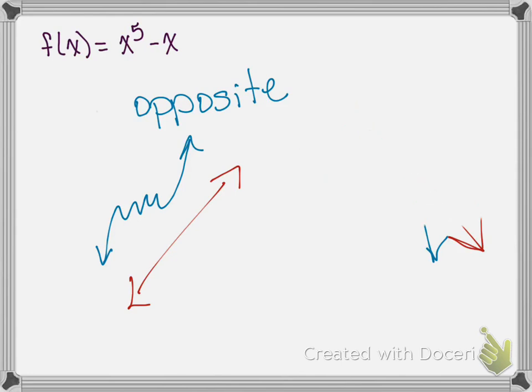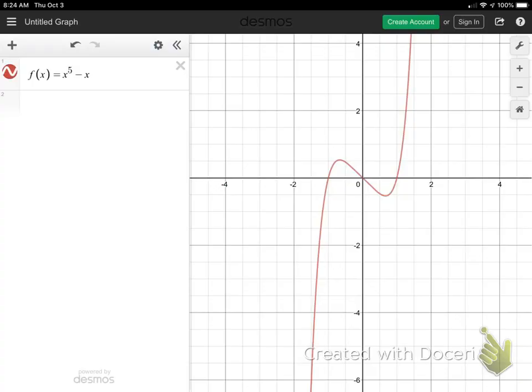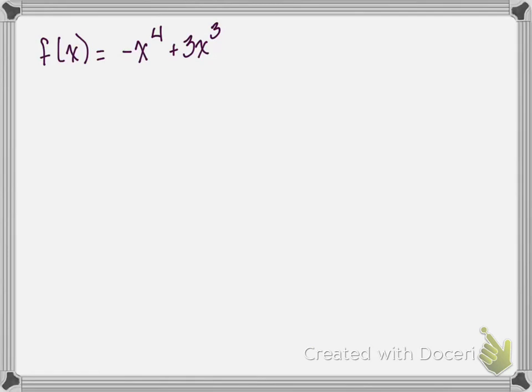So this one, opposite direction, bottom left to top right. And we did it. Okay? One more. Negative x to the 4th plus 3x to the 3rd.